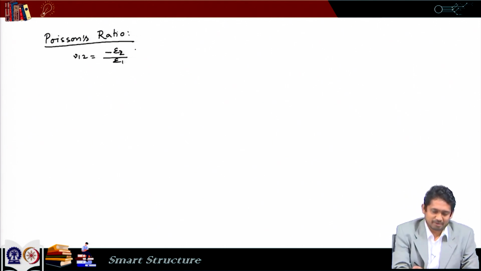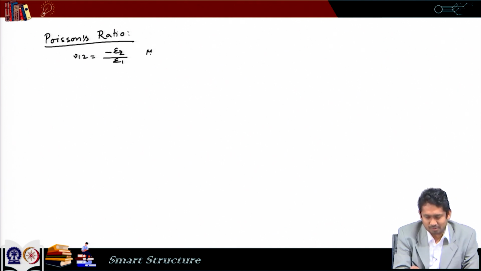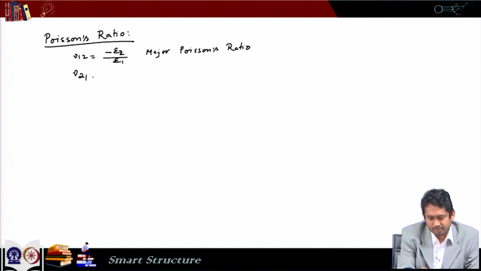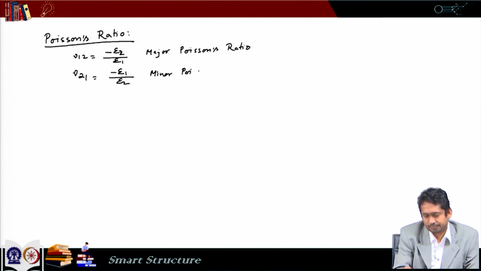Now, nu 12 is minus epsilon 2 by epsilon 1, which we call the major Poisson's ratio, and nu 21 is minus epsilon 1 by epsilon 2, which we call the minor Poisson's ratio.